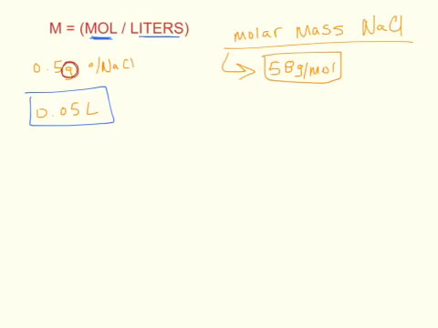Sodium is 23 grams, plus chlorine is 35 grams per mole, and that gives us 58, which you see down below. So once we're done there, we can now convert 0.5 grams of NaCl to moles. 1 mole is 58 grams.